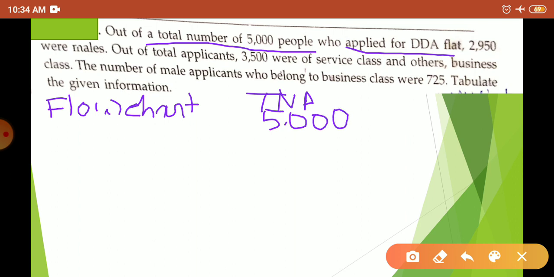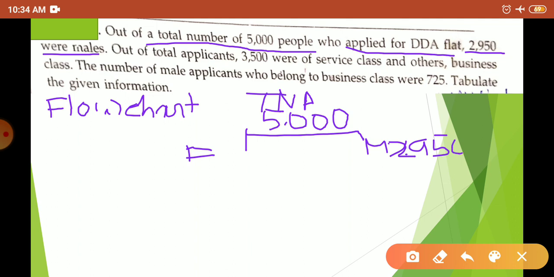Okay, now here it is written 2,950 belong to male. So it is further divided into male and female. How many males are there? 2,950. When we subtract this number from 5,000, we get the number of females. So 5,000 minus 2,950.